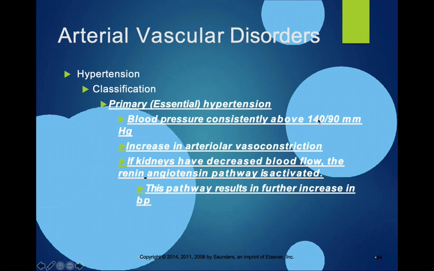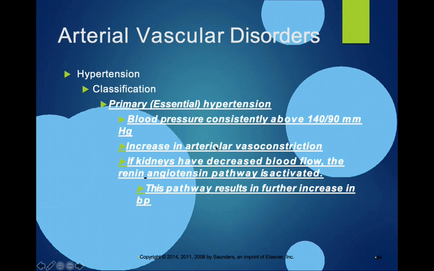Systolic refers to the amount of pressure in the arterial system or in the ventricles at the time of contraction, and 90 refers to the amount of pressure in between the ventricular contractions. Okay, systole over diastole. Systole is contraction, diastole is at rest.